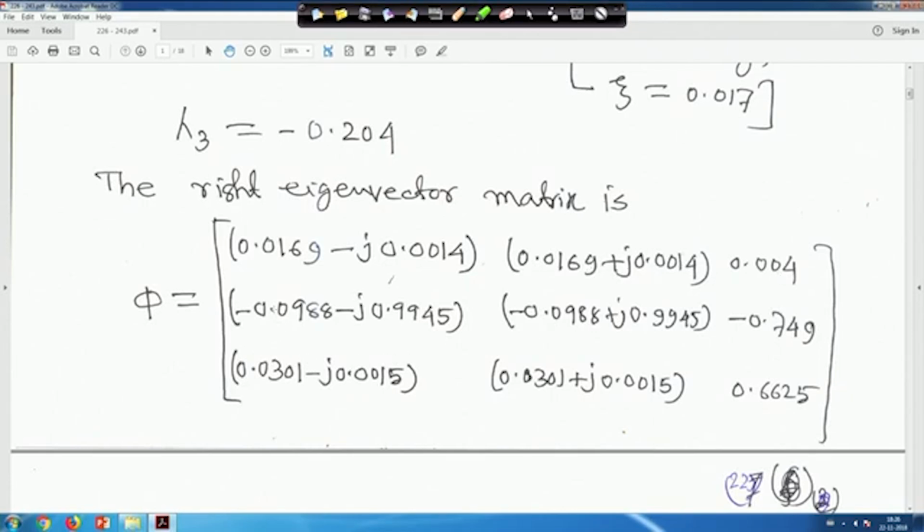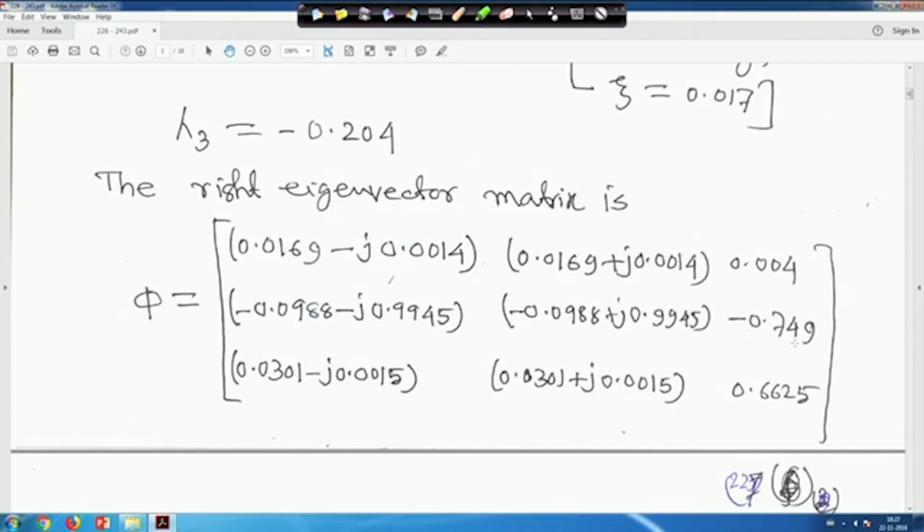Similarly phi 21 is minus 0.0988 minus j 0.9945, minus 0.0988 plus j 0.9945, because the two eigenvalues are a complex conjugate pair, so minus here and plus there, and the last one is for the real eigenvalue.